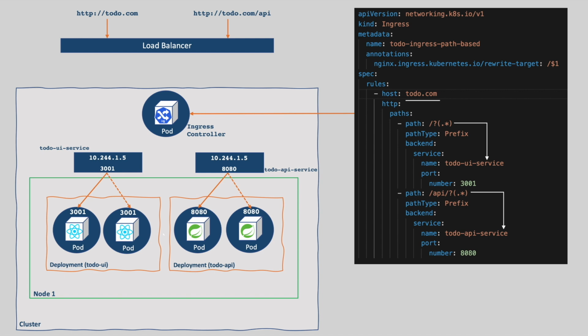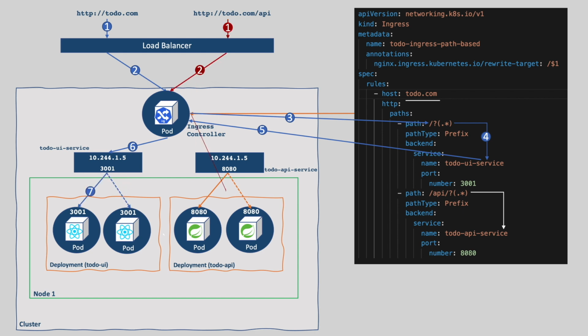For example, when we access todo.com, it first hits the load balancer. Then it goes to the Ingress controller pod, which reads the Ingress rule and decides which service to call. Once it decides the service to call, it forwards the request to that service, and finally it reaches the desired pods. The same thing happens when we call todo.com/API.